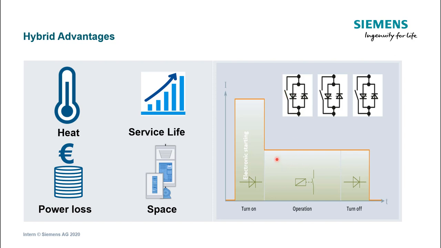Once the device has reached the full operational speed and the operational voltage, this mechanical bypass closes. The idea behind that is because these anti-parallel thyristors switch so quickly, they dissipate a lot of power and in turn a lot of heat. So there's a lot of losses in that. If you switch that out, it eradicates that problem of power loss and heat loss.